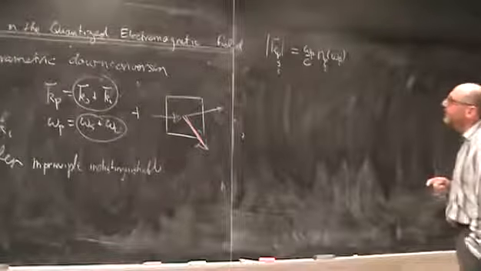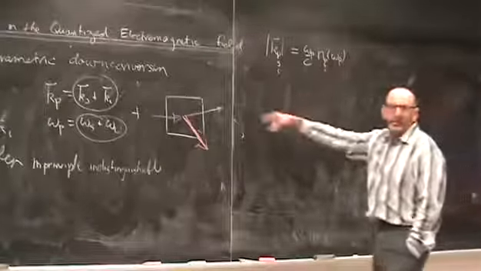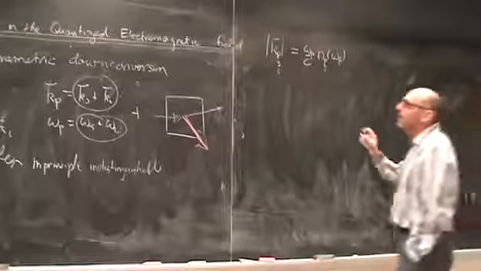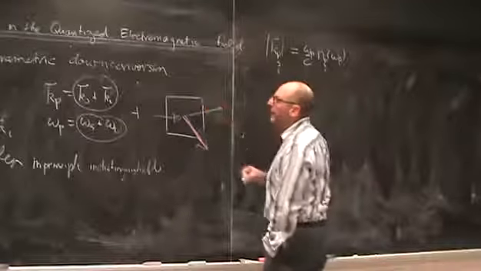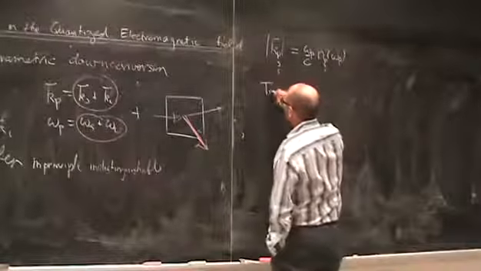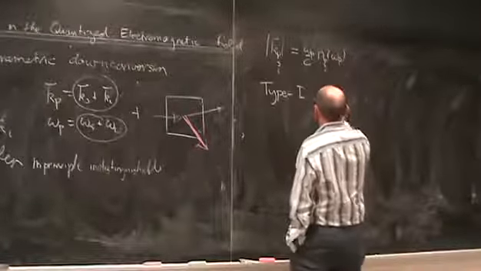In particular, as we discussed when we introduced three-wave mixing, there are two ways that one thinks about phase matching this kind of mixing. There's what's called type 1 and type 2. So let's talk about type 1 phase matching.